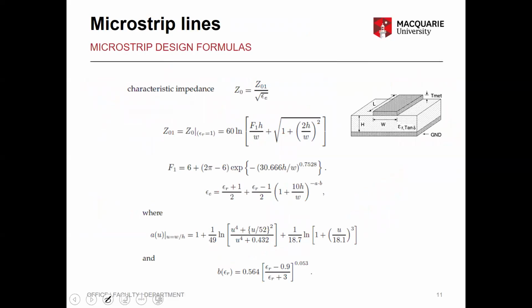Now we'll move on to the microstrip lines. We were talking about transmission lines. A microstrip line is a form of transmission line. But when you want to calculate the characteristic impedance of a transmission line, there are empirical formulas, which are given by this. Z0 is given by this formula, which is dependent on the height and the width, so this is H and width, and then F1 is given by this formula.